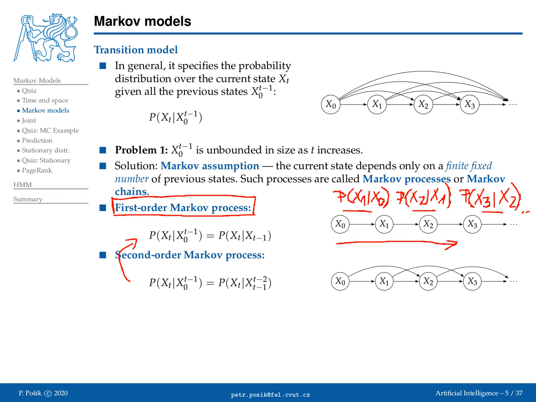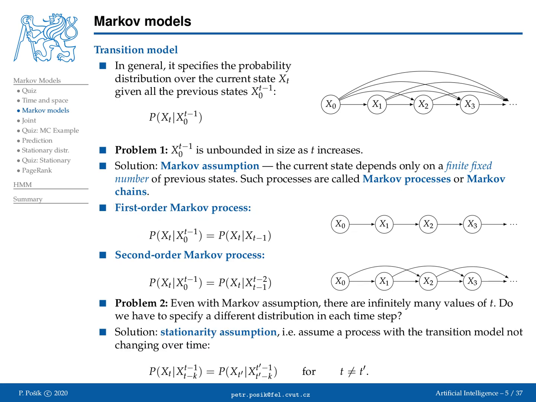And if you have to specify all of them for an infinite sequence, you cannot describe it. So there is the second assumption, the stationarity assumption, that tells you that for any xt and any different xt prime, these two probabilities are the same, right?